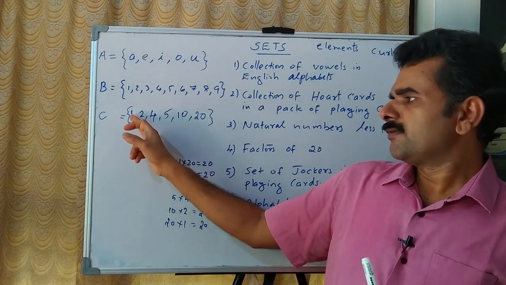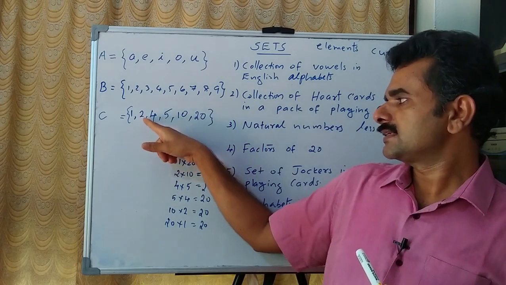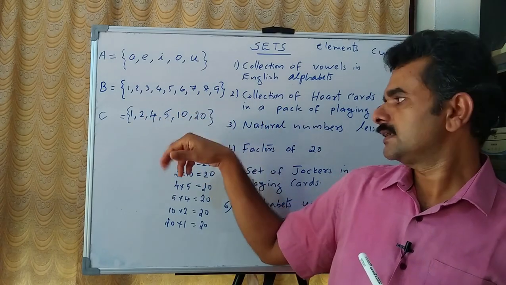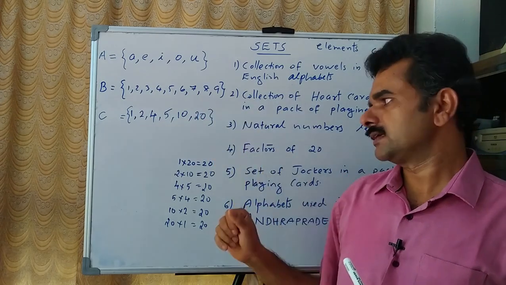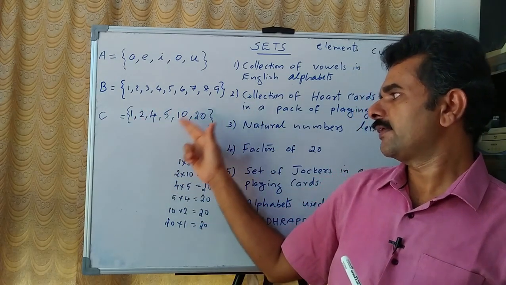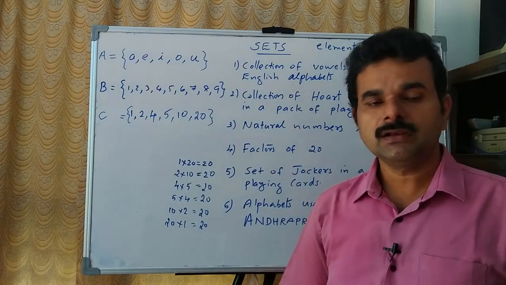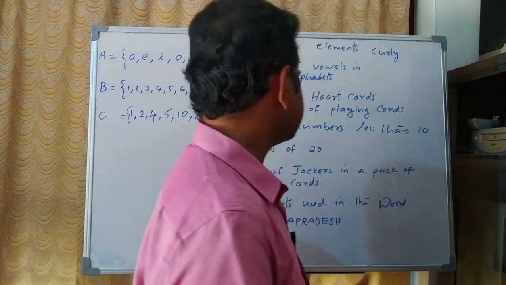When 20 is divided by 1, answer will be 20. That is an integer. When 20 is divided by 2, answer is what? 10. So it is very clearly defined. Therefore, C is equal to the set 1, 2, 4, 5, 10, 20, an example for a set.